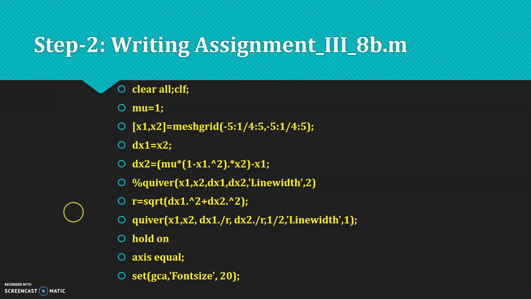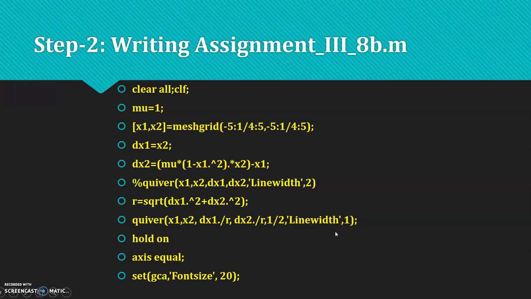So the quiver command uses the syntax we have already learned, but we have utilized this equation of a circle and plotted the vector field with respect to x1 and x2, and we will see what happens if I write this command.